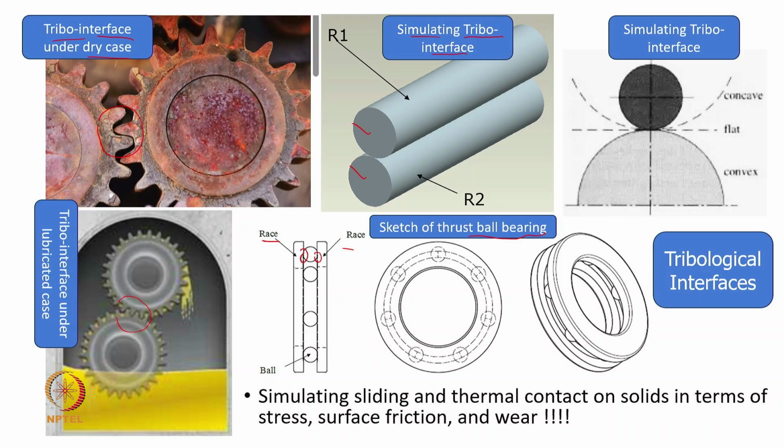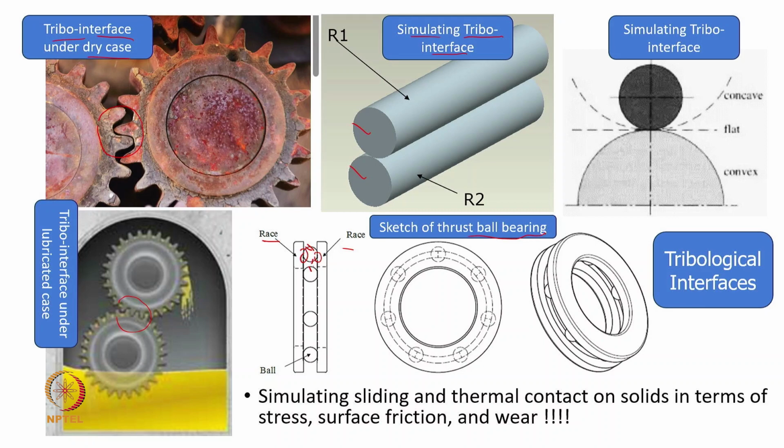Quite possibly there is a full complement bearing, then the number of balls will be very many, and there will be an interface between this ball and this ball also. However, if there is a lesser number of balls and we are using a cage to keep their spacing equal, then we need to consider an interface for the cage and ball. So there are too many interfaces, particularly when we are talking about a thrust ball bearing.